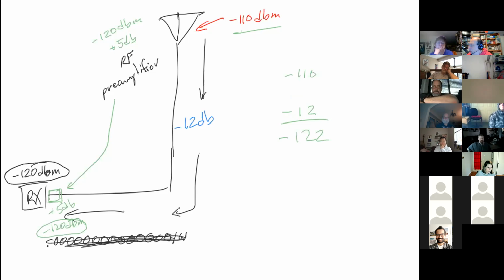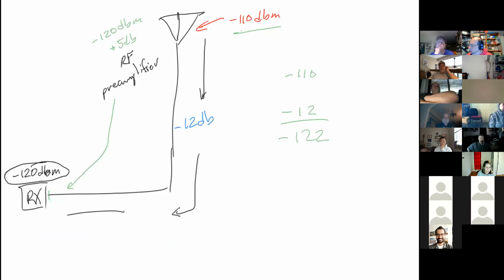So that's why when you have a cable TV hookup, they might say we need to put an amplifier out at the cable box on the street, because you can't amplify what you can't hear. If you can't hear it in the first place, there's nothing to make louder.